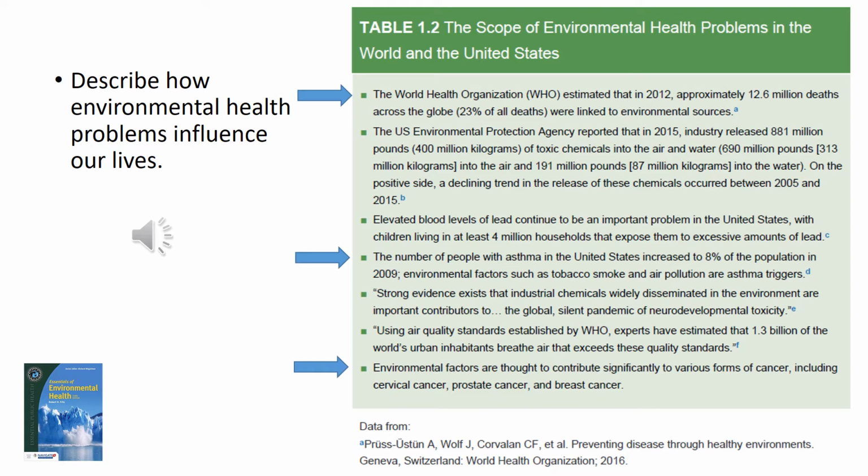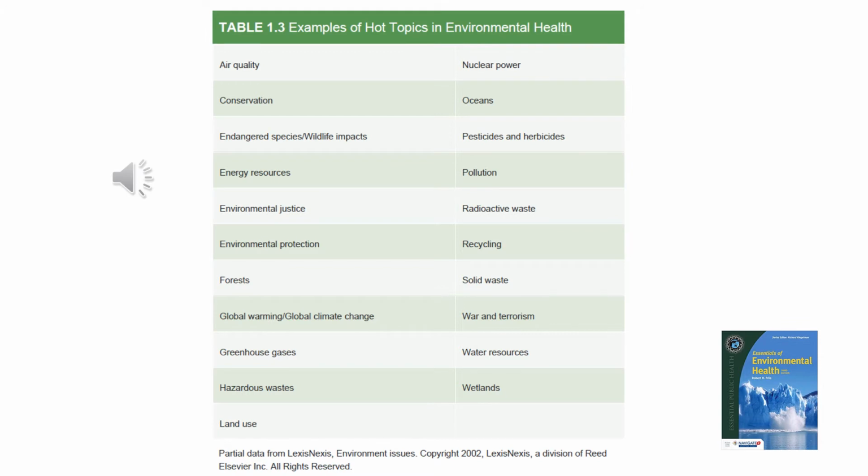Environmental factors are thought to contribute significantly to various forms of cancer, including cervical cancer, prostate cancer, and breast cancer. Table 1.3 shows examples of hot topics in environmental health, such as air quality, conservation, environmental protection, forests, global warming, global climate change, hazardous wastes, land use, the health of oceans, pollution, recycling, war and terrorism, and water resources and wetlands.